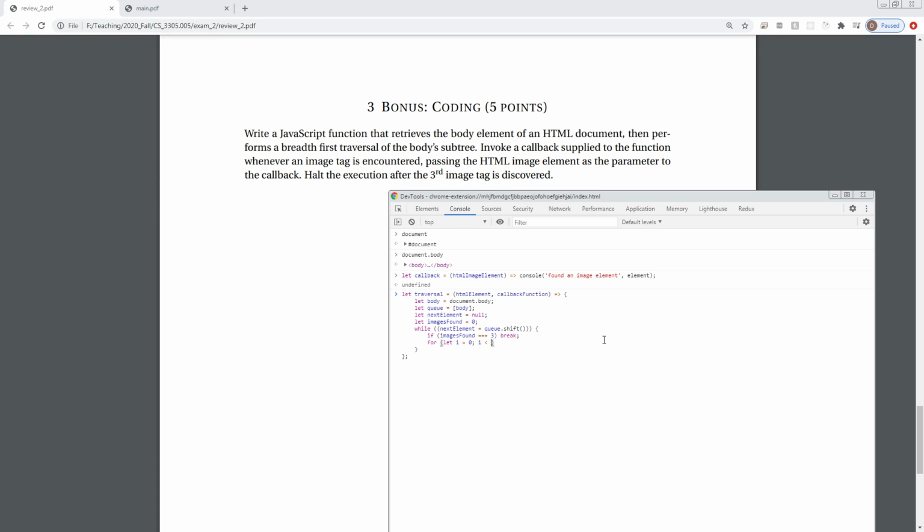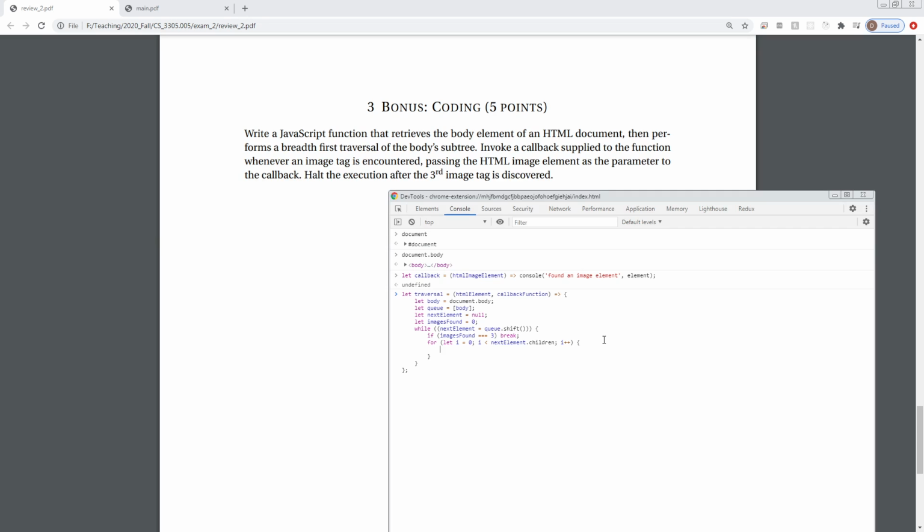So i less than next element children, i plus plus, and then we just queue them up.